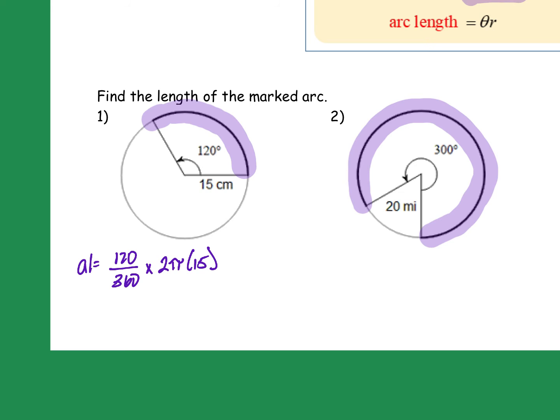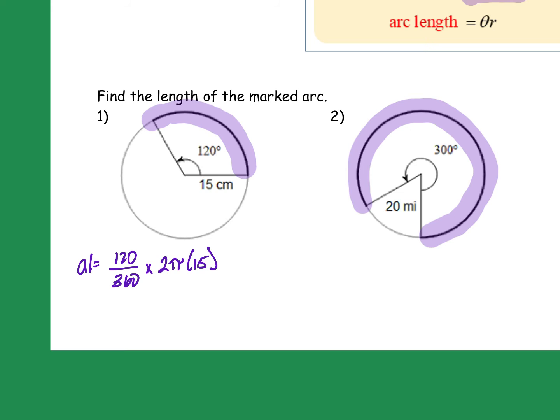Okay, so I'm going to do this in my calculator. If you use Desmos, that's fine, it doesn't matter. I'm going to do 120 divided by 360, in parentheses, times 2 pi times 15.